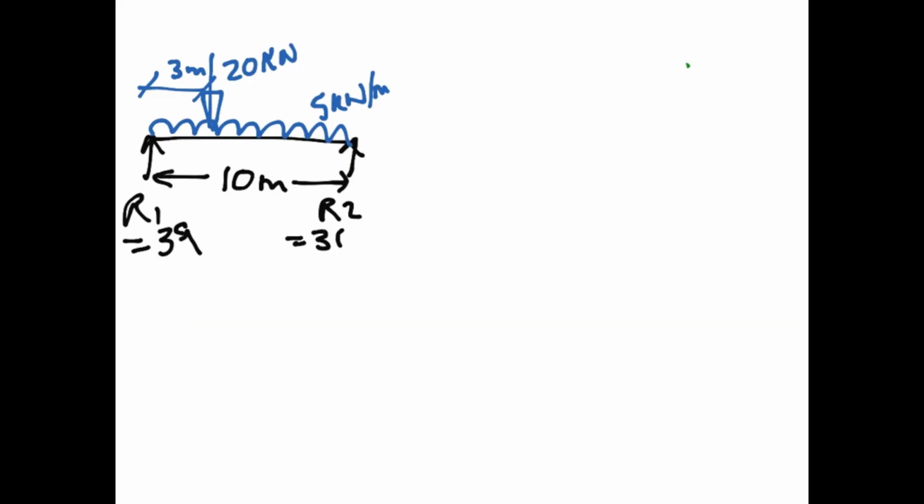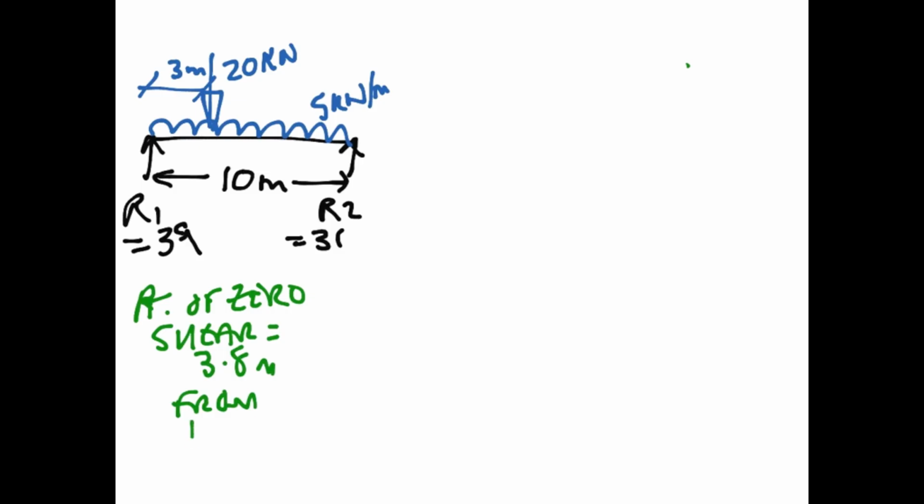Let's do it so you can read it. Point of zero shear equals 3.8 metres from R1, and apologies for my writing.